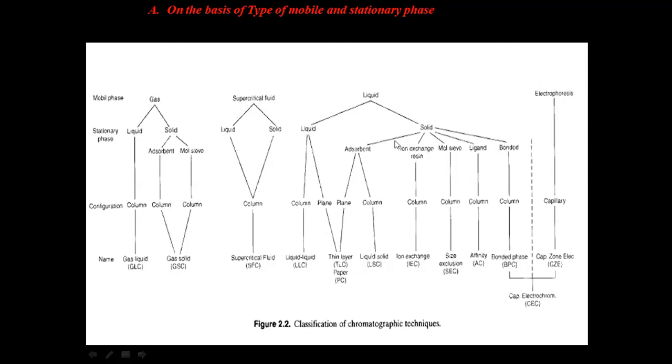So all these things result in different types of chromatography. That is, if there is the phenomenon of ion exchange, it is called ion exchange chromatography. If there is a molecular sieve, it is called size exclusion chromatography. If you have a ligand, again with the configuration on a column, it is called affinity chromatography. Then you have again a column, and it is called bonded phase chromatography.